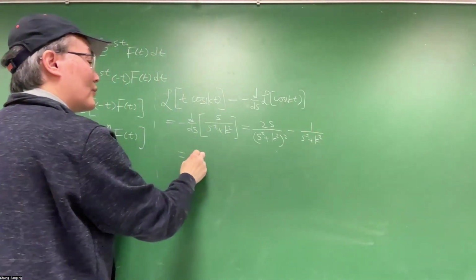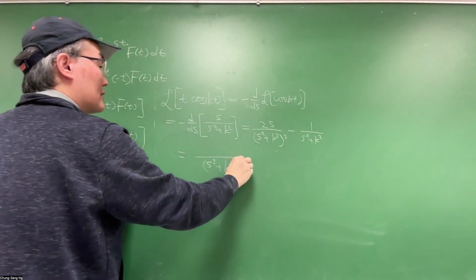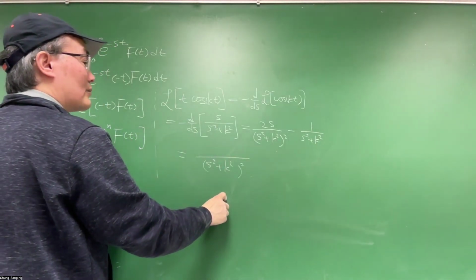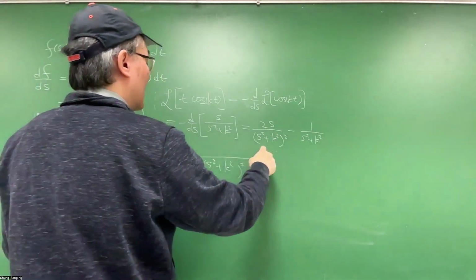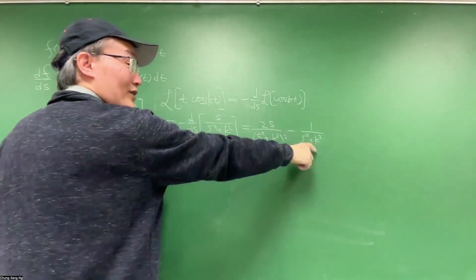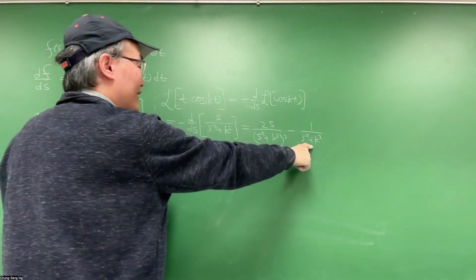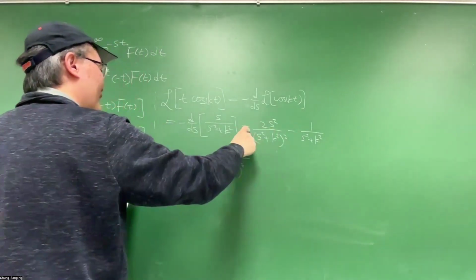Then you can combine the denominator, 2s minus s. Wait, did I do anything wrong? This one? 2s squared, yeah, right, thank you.